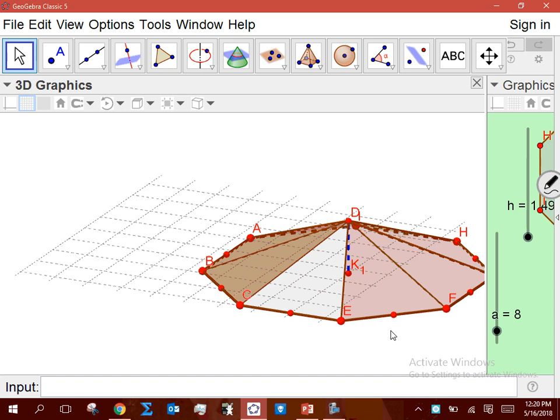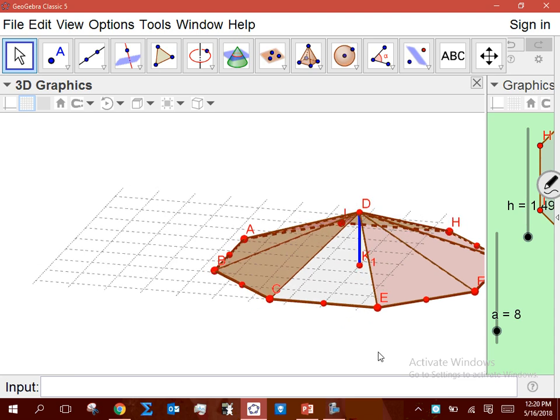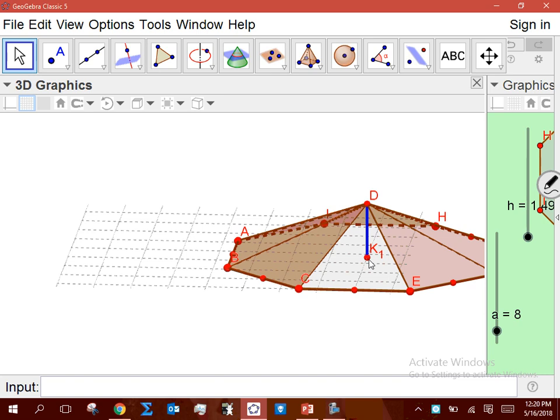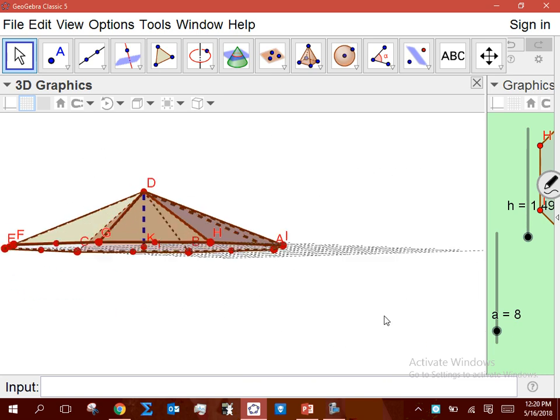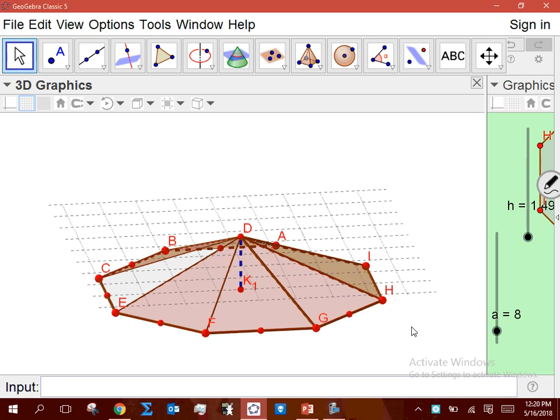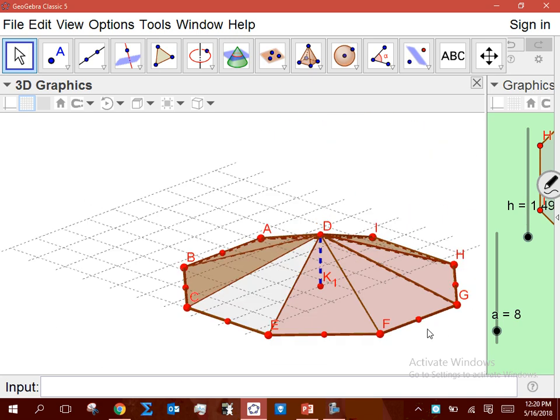Tops of silos. You guys know what a silo is? Like a grain silo or something like that. A lot of the tops of them are pyramids. Anybody know what a gazebo is? All right, so people that have gazebos, a lot of times the roofs of those things are pyramids.